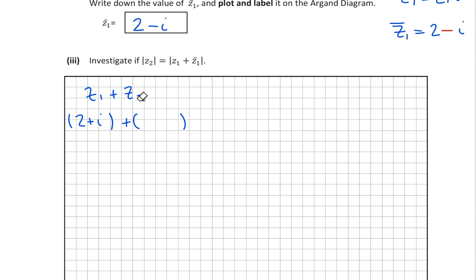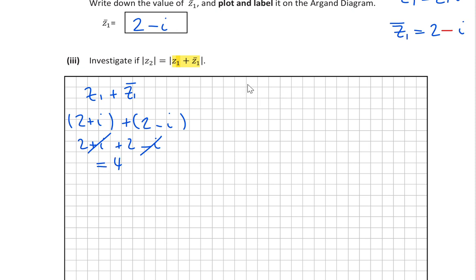This is the bit inside the brackets that I'm working out first. Z1 is 2 plus i, and the complex conjugate of Z1 is 2 minus i. So when we work this out, we get 2 plus i plus 2 minus i. The i's will cancel, and you're left with 2 and 2 equals 4.